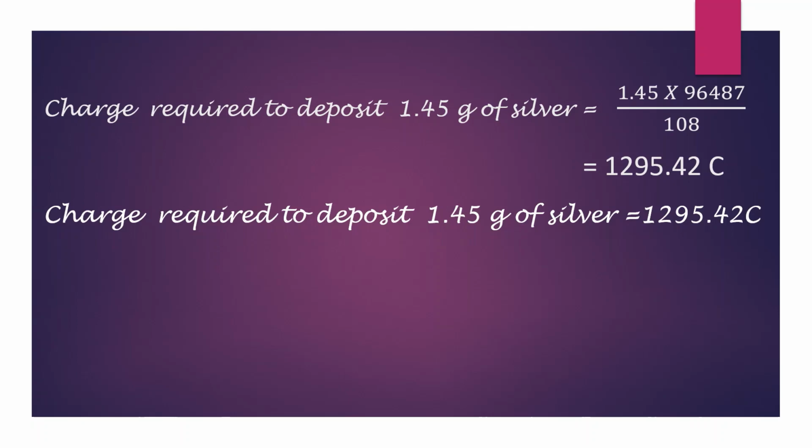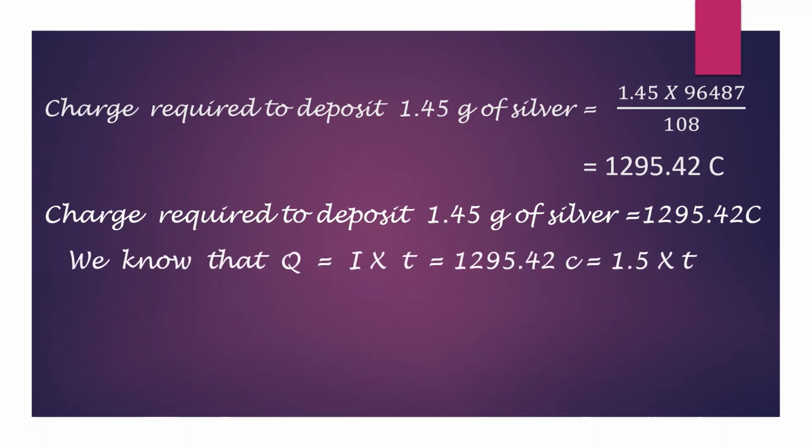Now dear friends, using this charge, we have to find out the time of passing the electricity. So for that we have to use the formula Q equals I into T. So Q is the quantity of electricity, I is the current in ampere, and T is the time in second. So Q we have just calculated, that is equal to 1295.42 coulombs. The current is given to be 1.5 ampere.